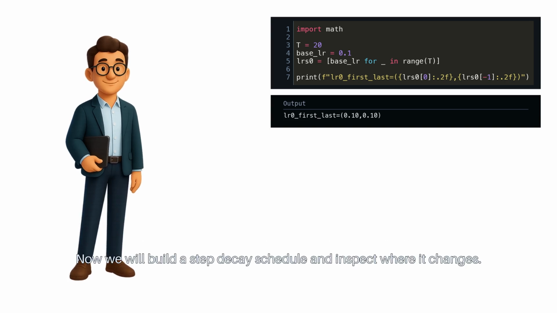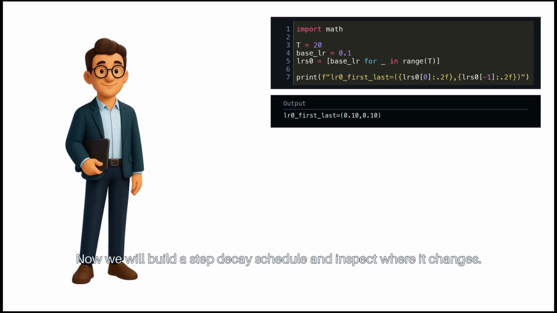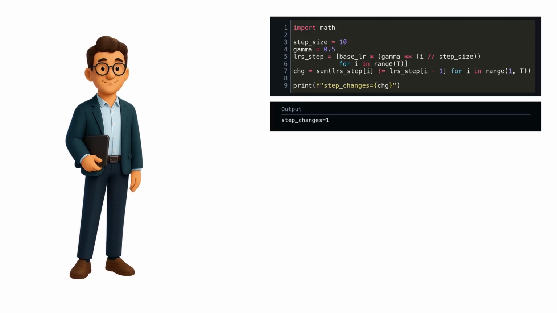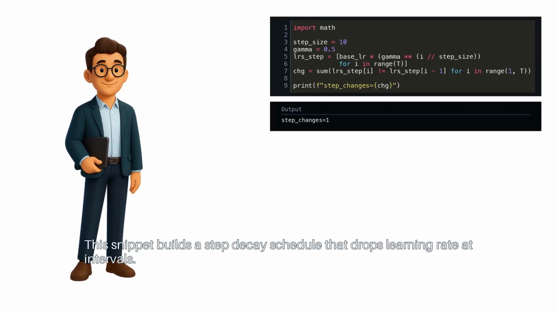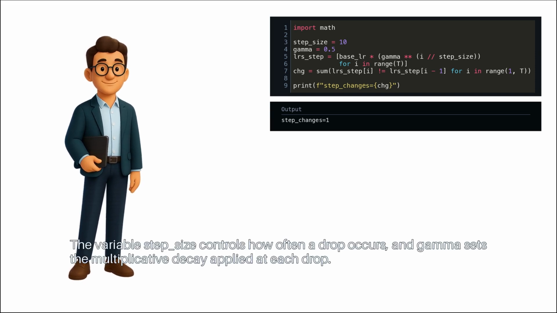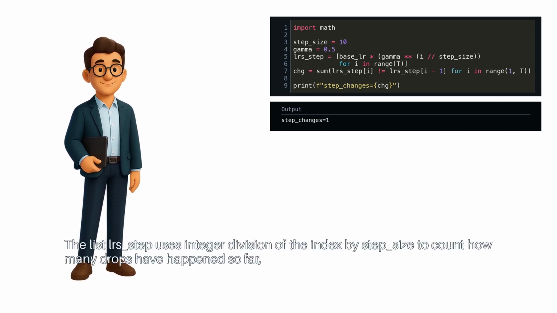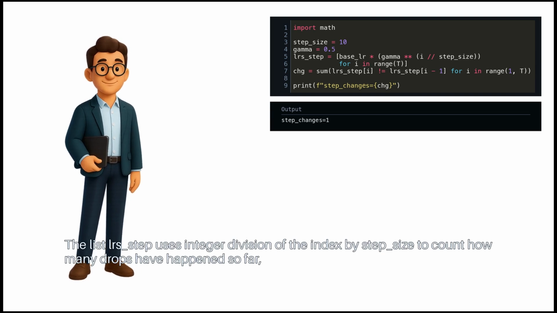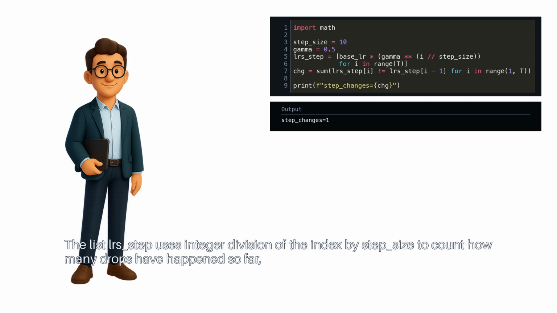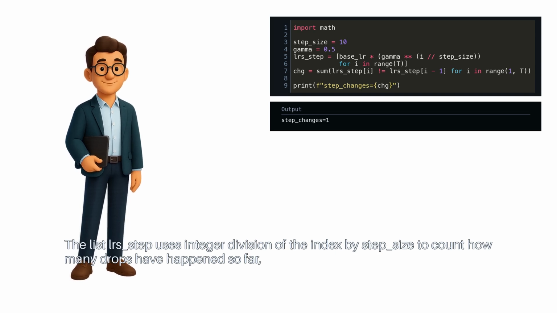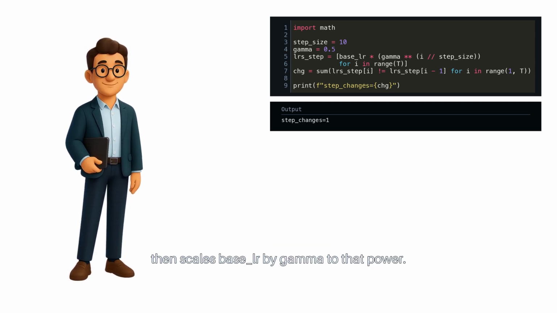Now we will build a step decay schedule and inspect where it changes. This snippet builds a step decay schedule that drops the learning rate at intervals. The variable step size controls how often a drop occurs, and gamma sets the multiplicative decay applied at each drop. The list LRS step uses integer division of the index by step size to count how many drops have happened so far, then scales base LR by gamma to that power.